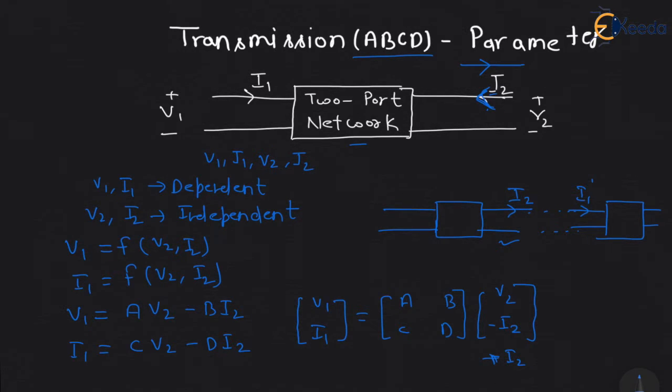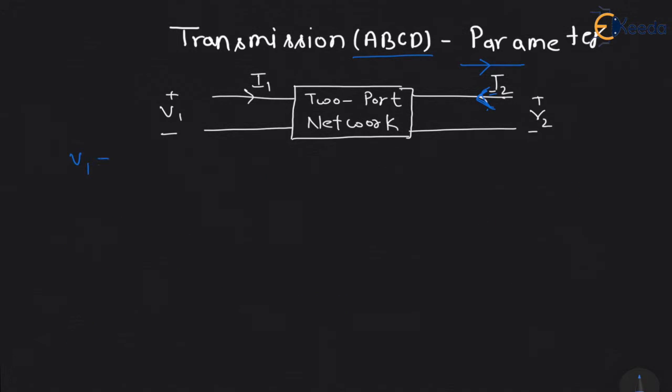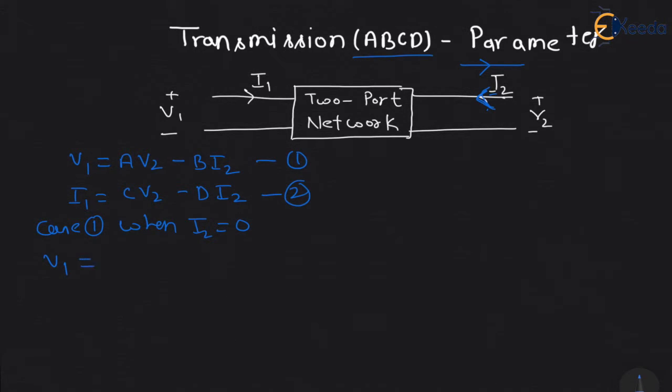And our main task is to find out the value of ABCD parameter. We have two equations. V1 is equal to A into V2 minus B into I2, and I1 is equal to C into V2 minus D into I2. Case number 1, when I2 is equal to 0, then V1, this is equation number 1, this is equation number 2, then V1 will be equal to A into V2.